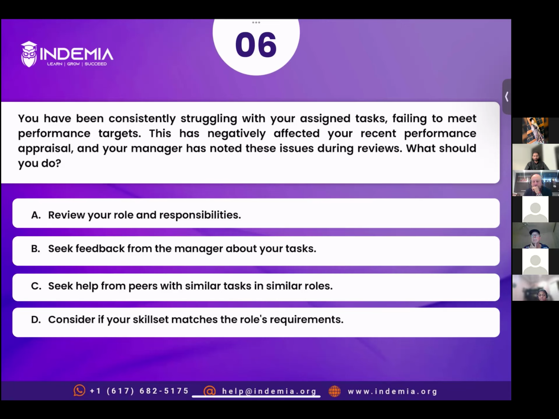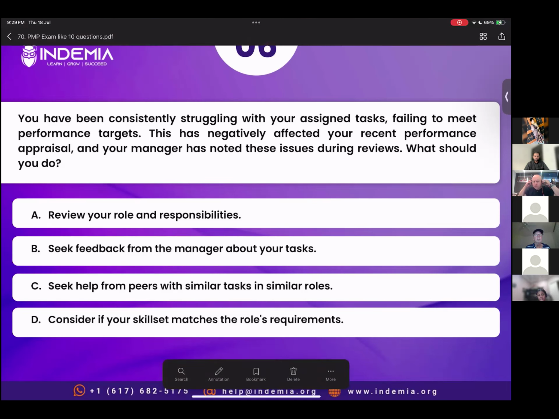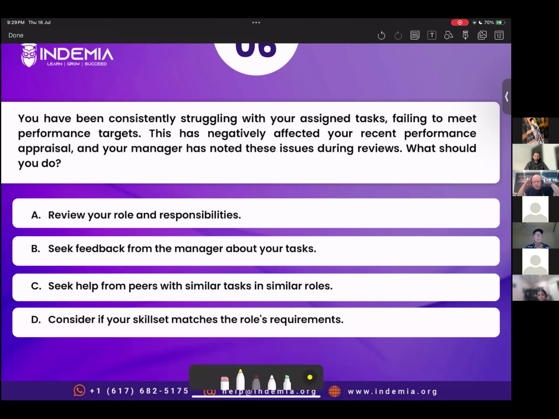What should you do? Option A, review your role and responsibility. Option B, seek feedback from the manager about your tasks. Option C, seek help from the peers with similar tasks and similar roles. And consider if your skill set matches the roles and requirements. So we have been discussing one principle again and again, that is face-to-face and direct communication.